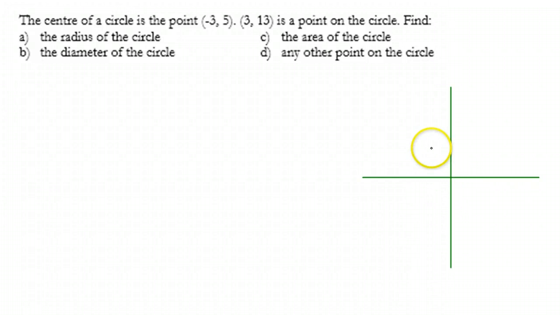So the center, it said, is at -3, 5. So we're going to put this at -3, 5. And it says the point 3, 13 is on this circle. So let's go about there. That looks about right. 3, 13. So if this is the center, the idea is a circle does this, right? Come around.